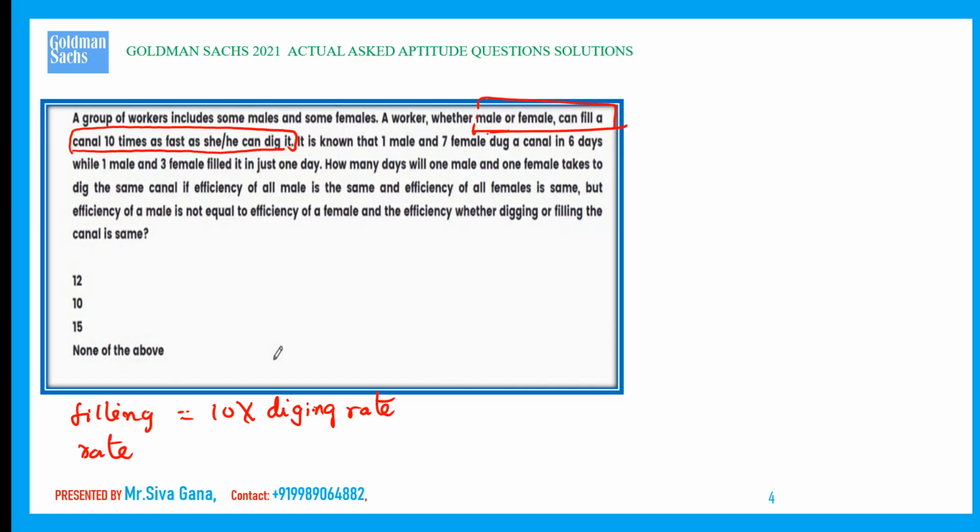It is known that one male and 7 female can dig a canal in 6 days, while one male and 3 female can fill a canal in 1 day.